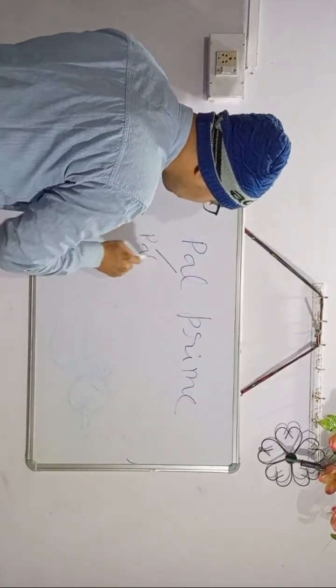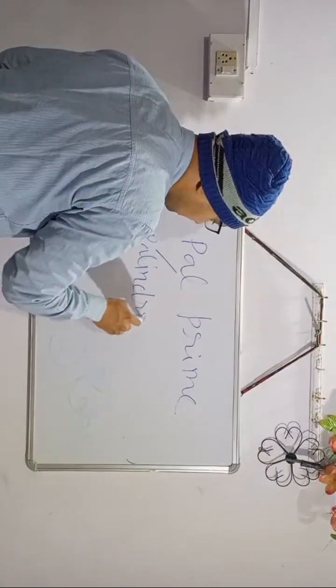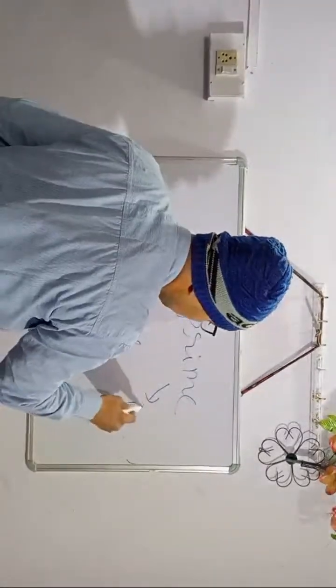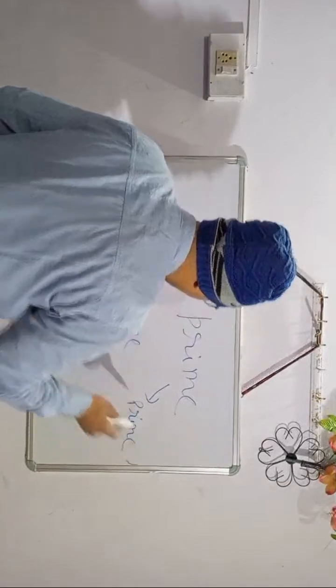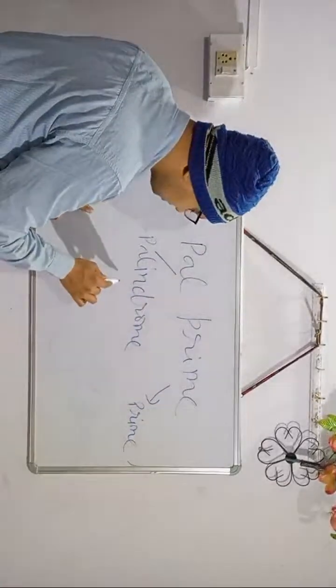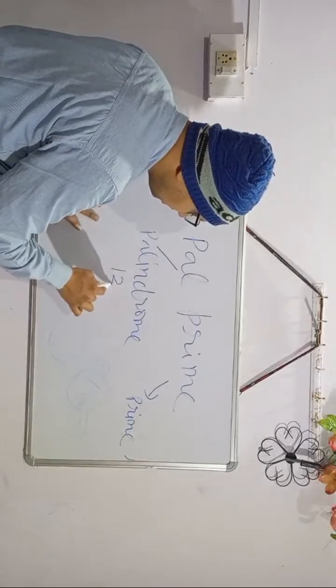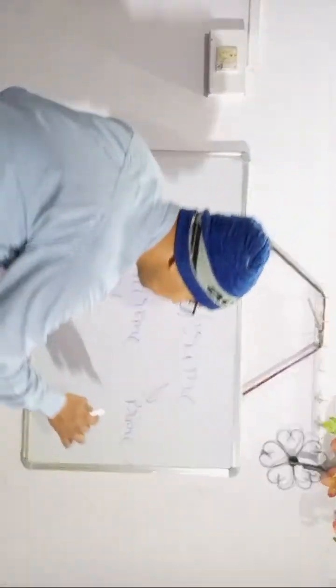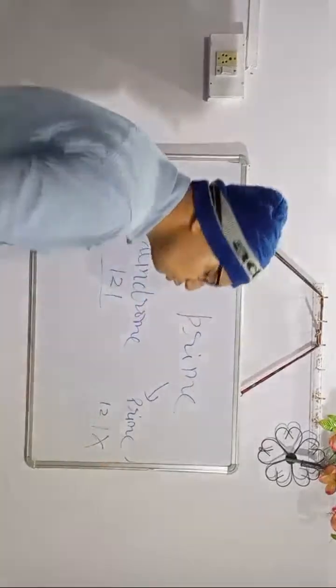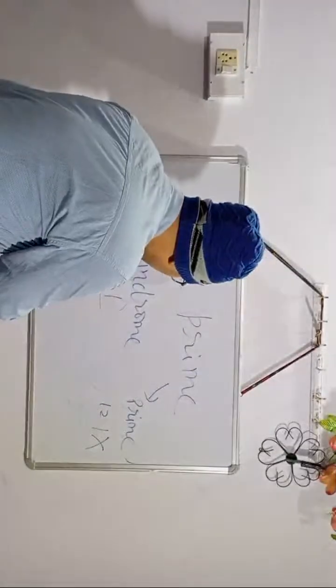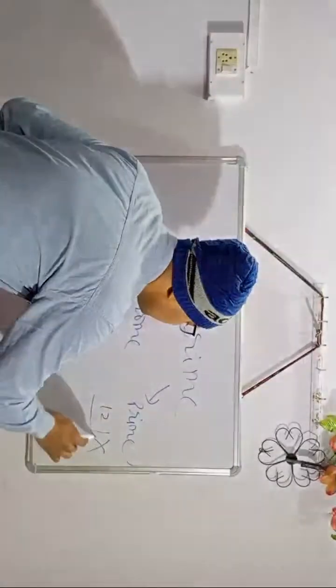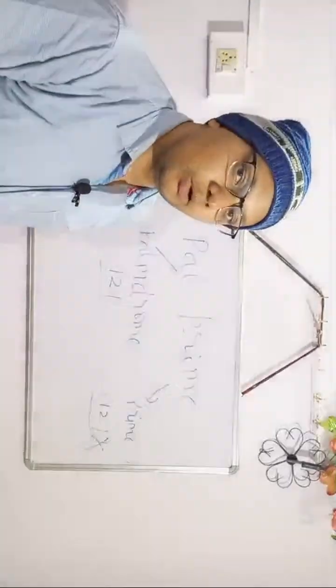PAL is for palindrome, and it is also prime. A palindrome number is like 121, but 121 is not prime. So a number which is both a palindrome and prime will be called a PAL prime number.